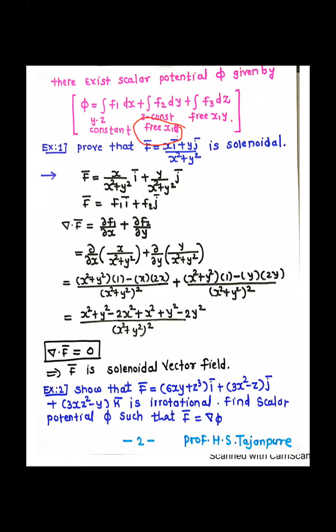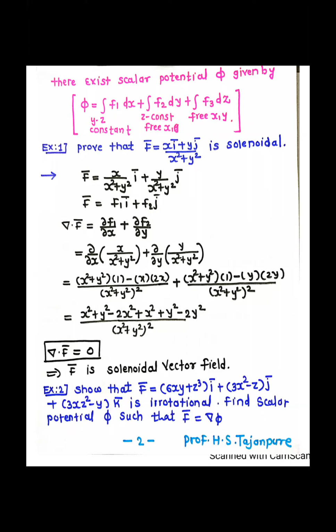Is it clear? Do not put the complete value of f2 here. Collect such terms from f2 which are free from x, and in the same way, integration of f3 dz, but collect such terms from f3 which are free from x and y both. In this way you will get the value of phi, that is the scalar potential.